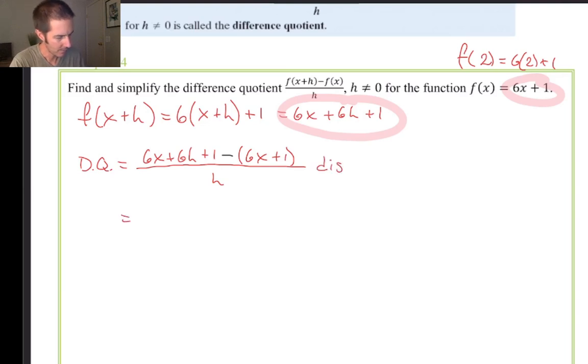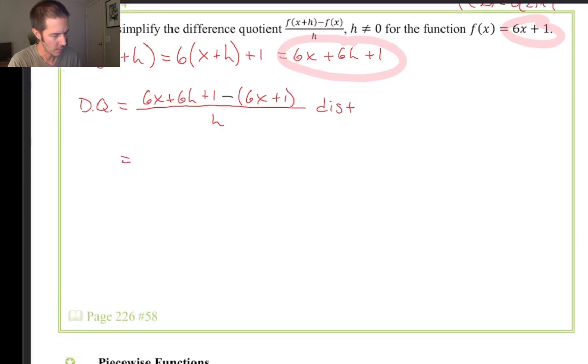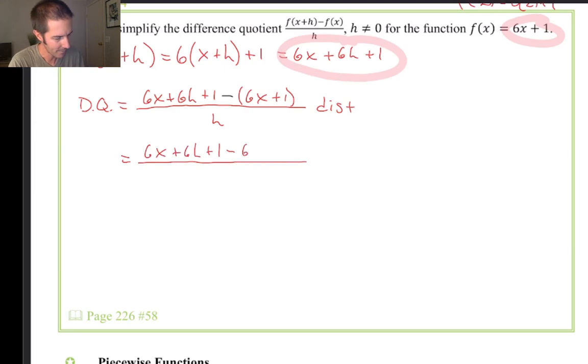I'll put dist here to remind me that I distributed. And here's my division line. We've got 6x plus 6h plus 1 minus 6x minus 1 all over h. So we see now why the parentheses were important, so that we distribute the minus sign.